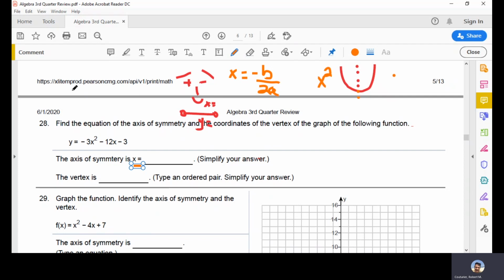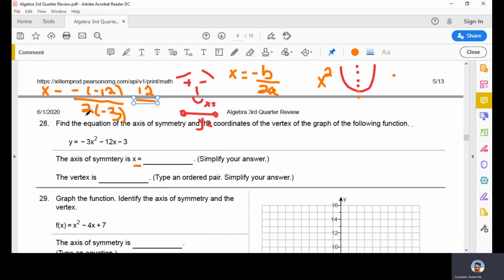Let's do it. So x equals the opposite of b, so the opposite of negative 12, divided by 2 times negative 3. So b was negative 12 and a was negative 3. So the opposite of negative 12 is a positive 12.